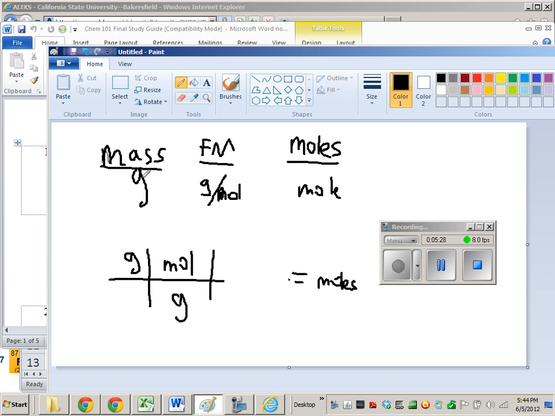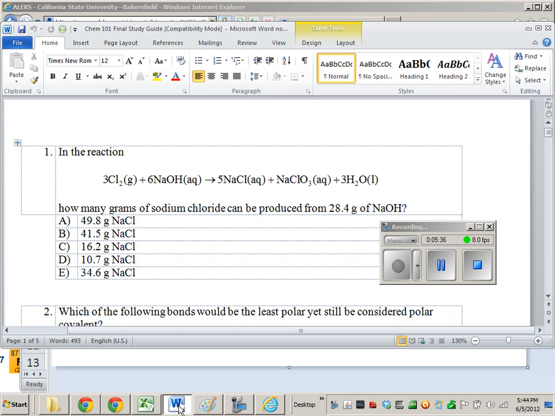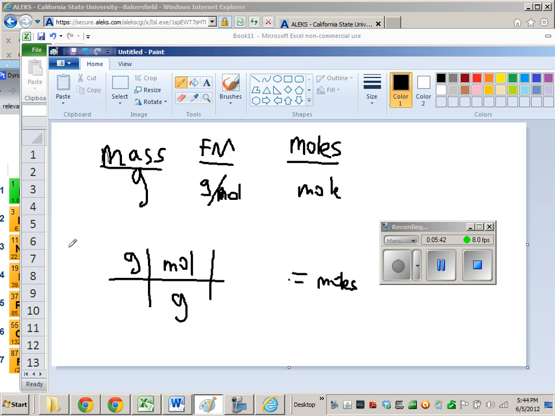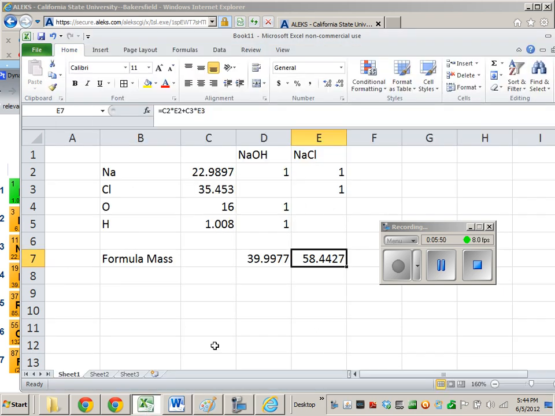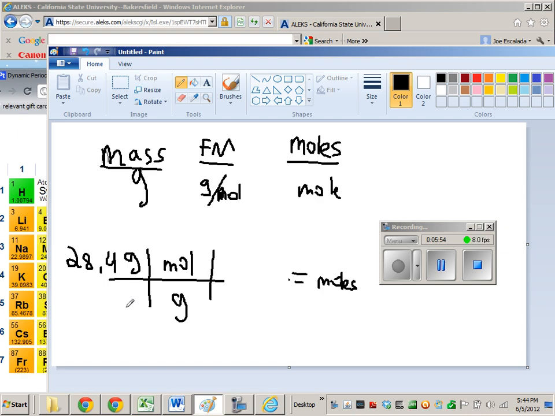So what that means is we're going to be taking the mass and then dividing by the formula mass. If I look at that problem again, we start with 28.4 grams of NaOH. We're going to use the calculated formula mass, about 40.